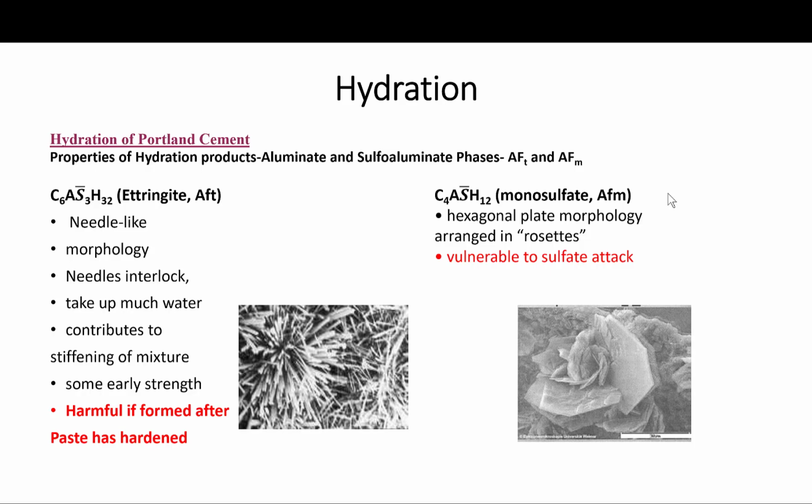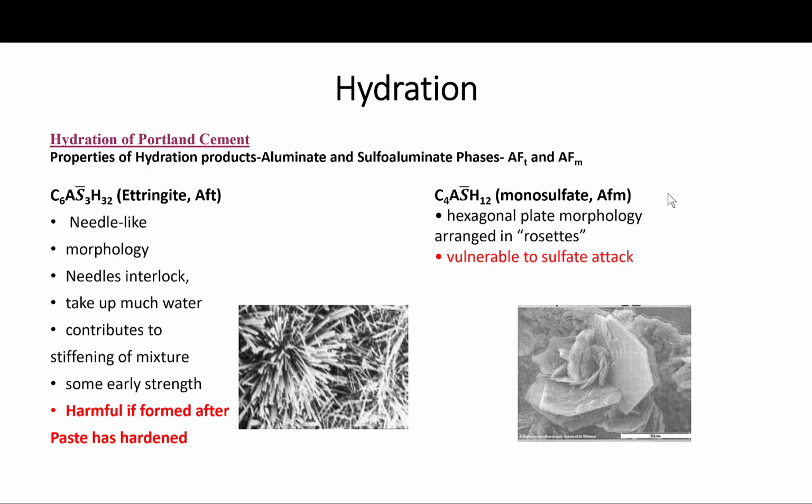The presence of the monosulfate hydrate in Portland cement concrete makes the concrete vulnerable to sulfate attack, as we have mentioned before. And again, it should be noted that both ettringite and the monosulfate contain small amounts of iron, which can sometimes substitute the aluminum ions in the crystal structure.